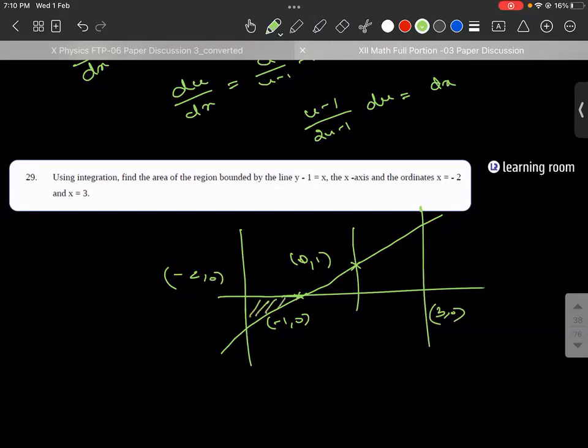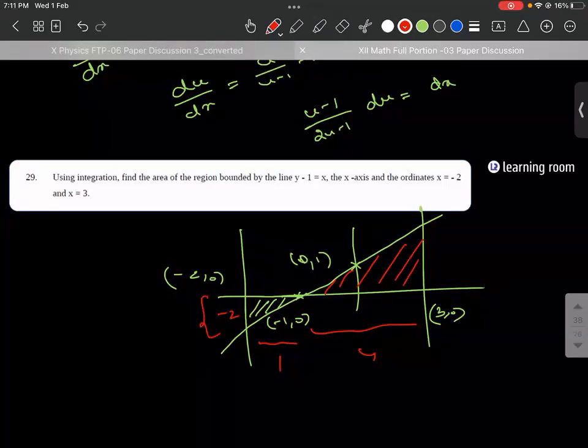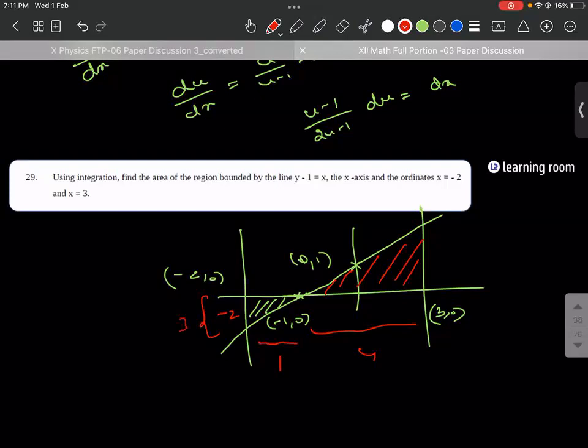Now you tell me what would this area and this area be even before solving. So this length is 4, this length is 1. This height is, if I substitute -2, this height will be 3. How much is this height? If I put x is equal to 3, I'll get 4.